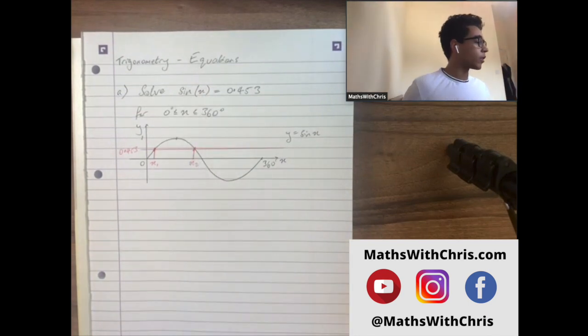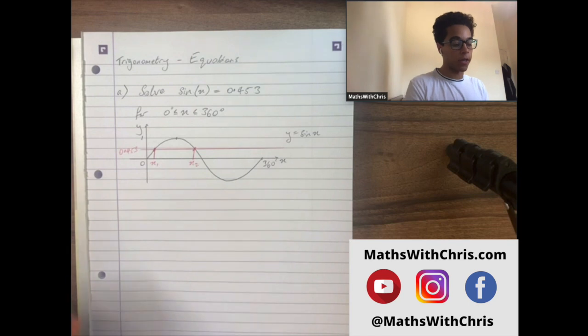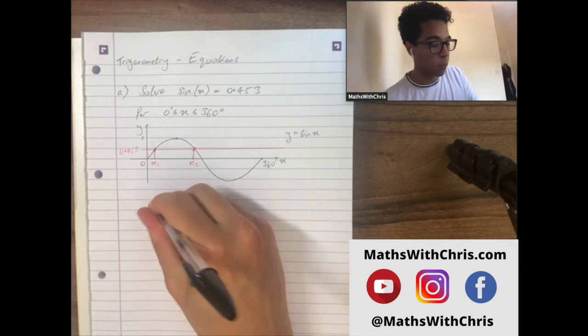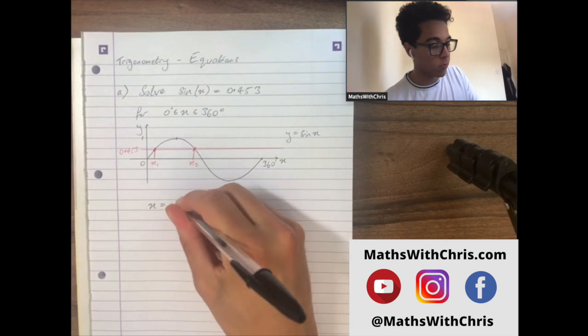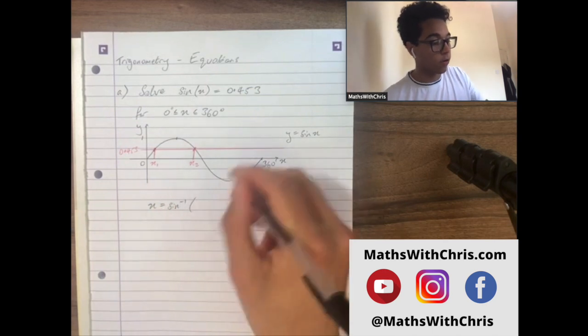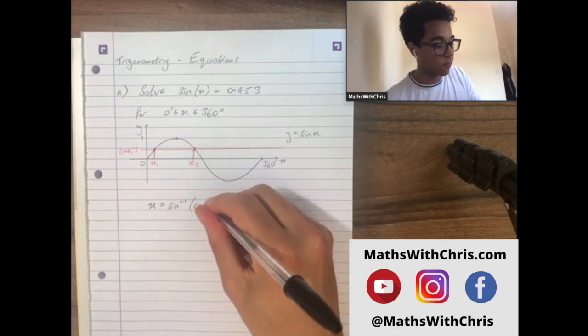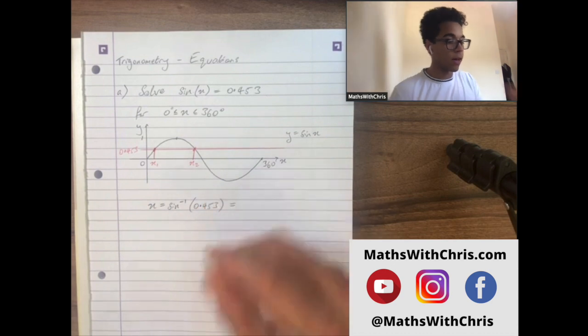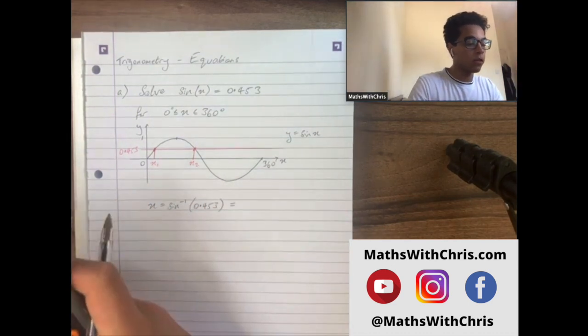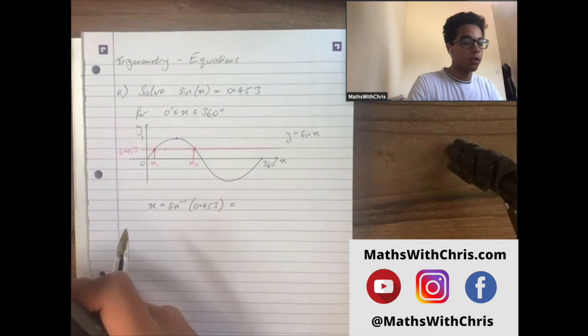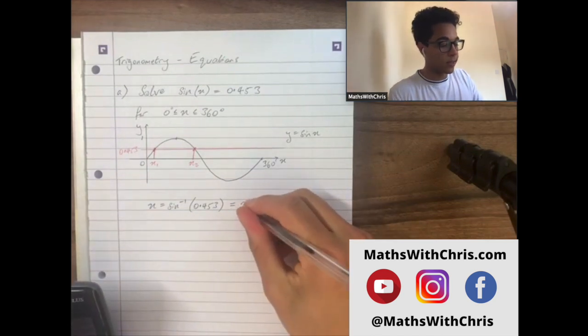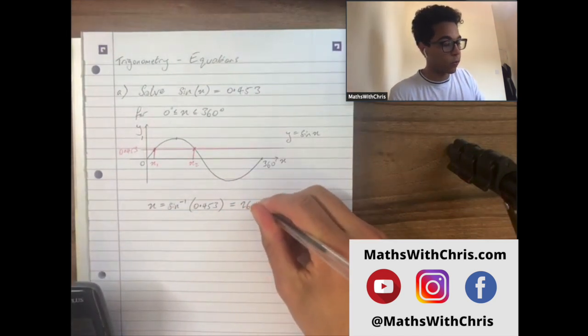What we're going to do is use our calculator. We're going to do inverse sine of this. Now let's work that out. And we get 26.94 degrees.